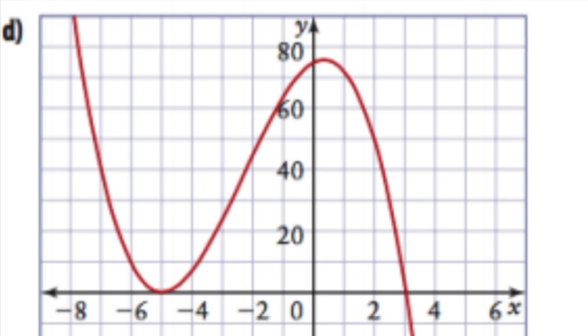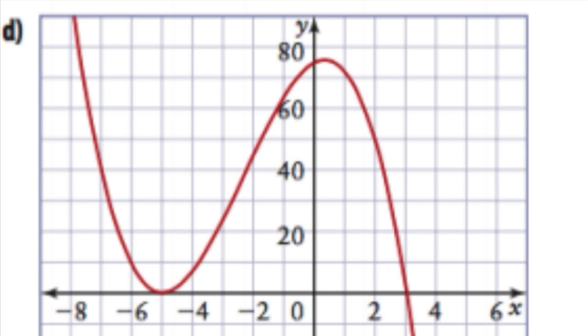So the first positive interval is when x is less than negative infinity and greater than negative 5. And the second is when x is less than negative 5 and greater than 3. And the negative is when x is less than 3 and greater than negative infinity.